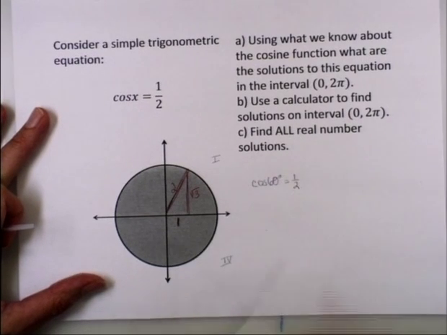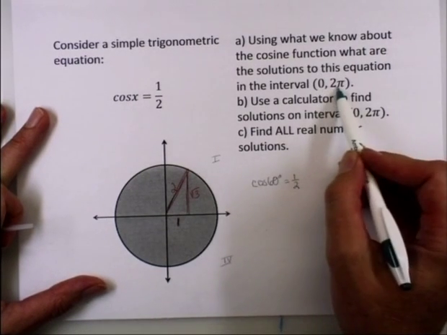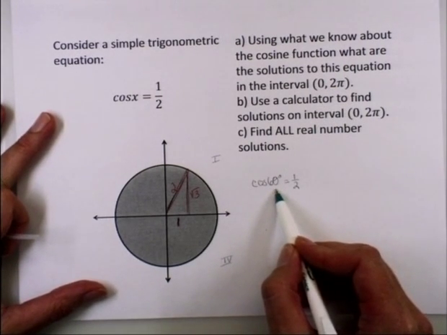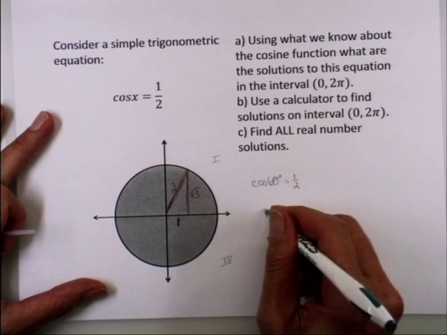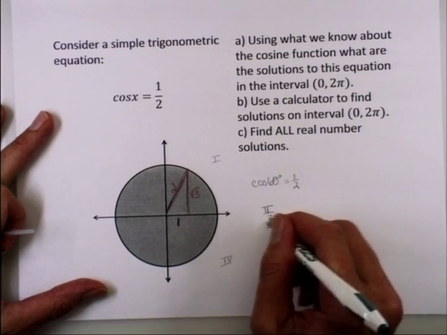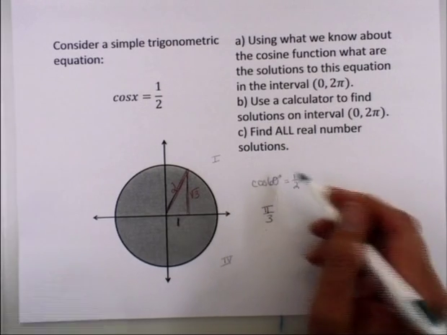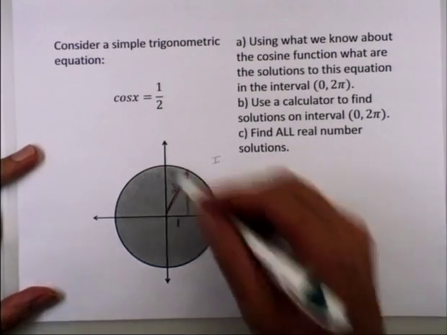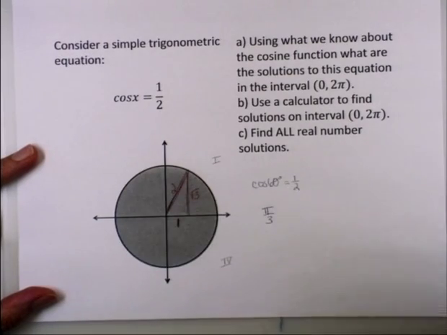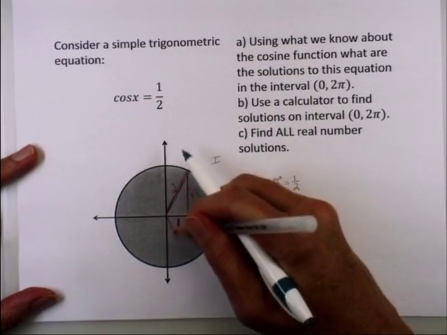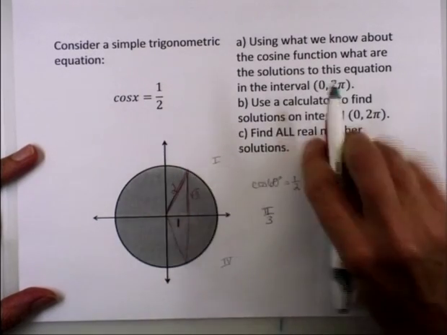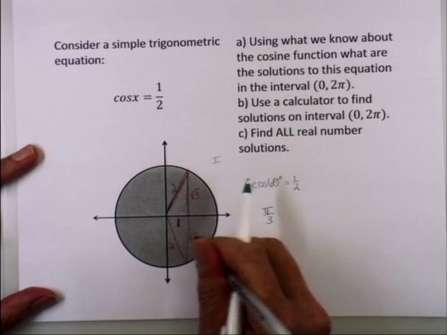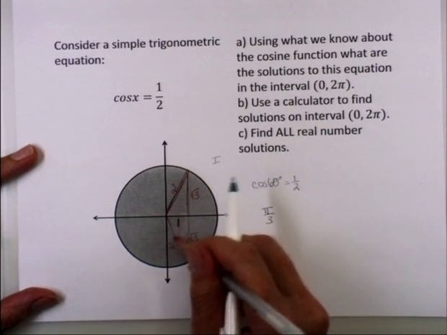Now it wants all the solutions on the interval of 0 to 2 pi. 60 degrees is not in radian mode, so I'm really looking for the answer of pi over 3. So at pi over 3, the cosine is equal to 1/2. Now I know that that's going to happen again in quadrant 4. So if I were to draw my triangle down here, this measurement is still 1, still 2, radical 3, but I need to know what this angle is.